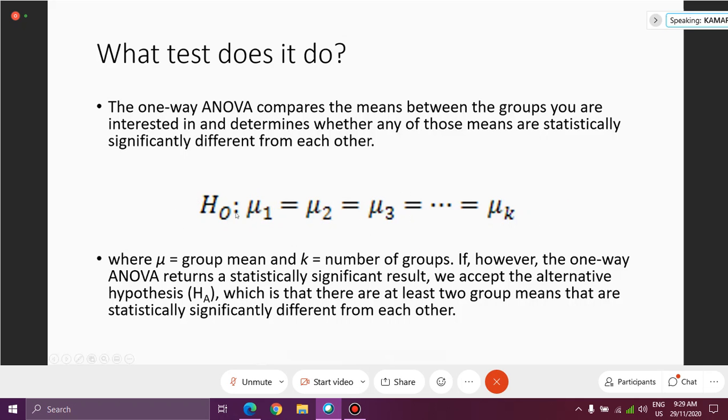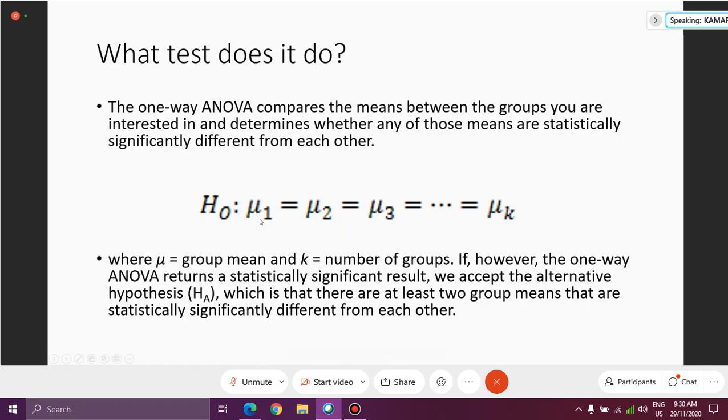So the null hypothesis is that all groups have similar means, and the alternative hypothesis is that at least there is one pair that have different means.